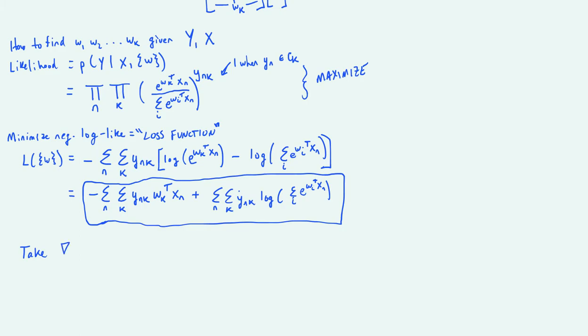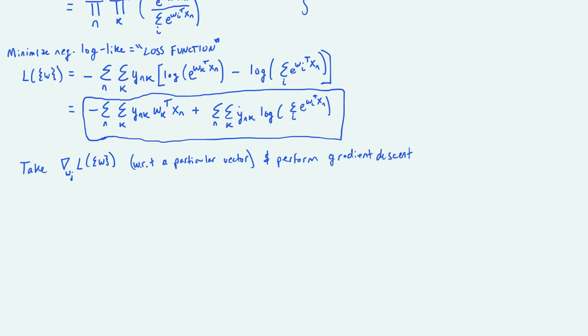So we're going to take the gradient of the loss function of our W's with respect to a particular vector wj, and then we're going to perform gradient descent on our loss function using its gradient.